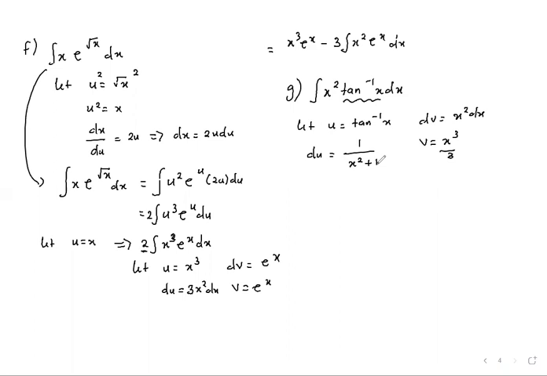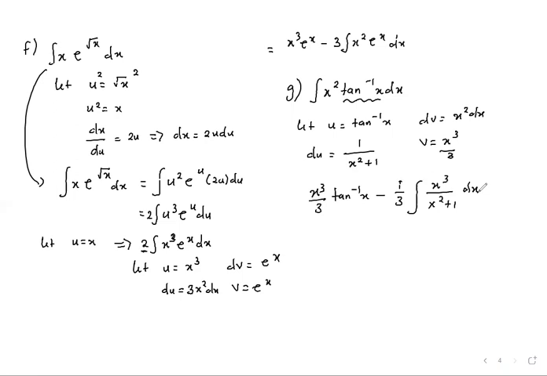Yeah, so then we put things together. So we'll have uv, which is x cubed over 3 tan inverse x minus integral v du, 1 over 3 here, then integral of x cubed over x squared plus 1 dx.